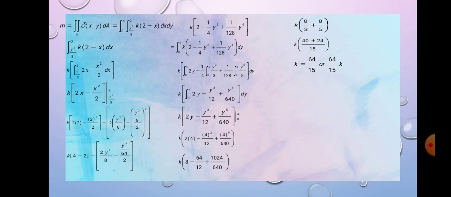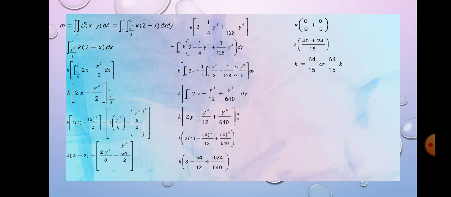So 2 times 4 minus 4 cubed over 12 plus 4 to the 5th over 640. So 2 times 4 is 8, minus 4 times 4 is 16, 16 times 4 is 64, over 12, plus 4 to the 5th is 1024 over 640.